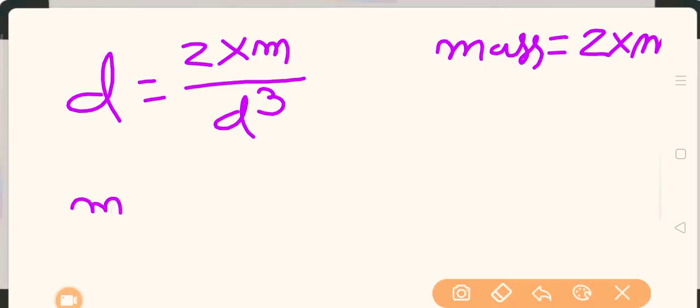Now how can you find the mass of a single atom? Let us discuss it using a practical example. We know that atomic weight or mass represents the total mass of 1 mole of atoms, and 1 mole is equal to 6.022 into 10 raised to 23.